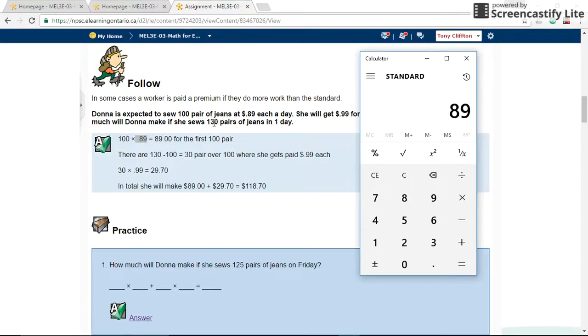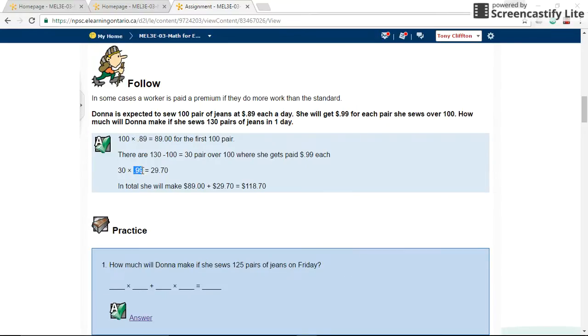However, there's 130 pairs, so she gets 99 cents for the other 30 pair. Okay, so there are 130 minus the 100 pair she's already been paid for, gives her 30 pairs left over where she gets 99 cents. So 30 times 99.